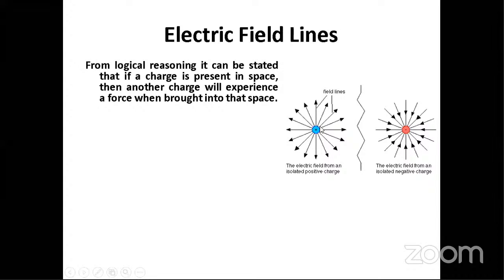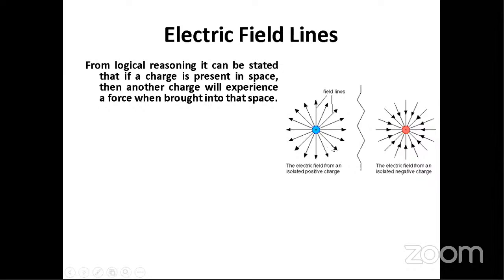So what does it mean? If a charge is present in this portion, and you bring another charge towards it, it experiences some force. So we can say that the space where the other charge will experience a force is basically called the electric field of that charge.